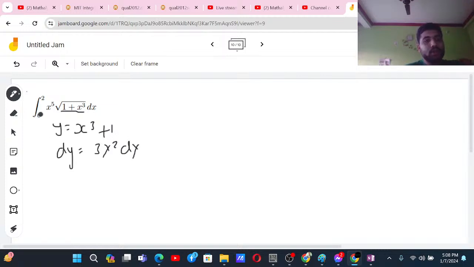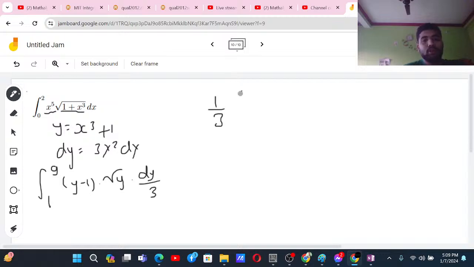Then you will have this integral from 1 to 9, and here the x cube and x square can be split. x cube will be y minus 1, and then root y, and x squared dx will be dy by 3. Now it's pretty easy.